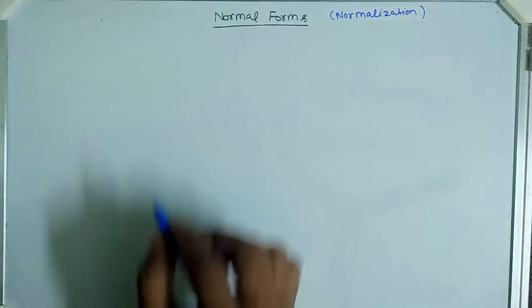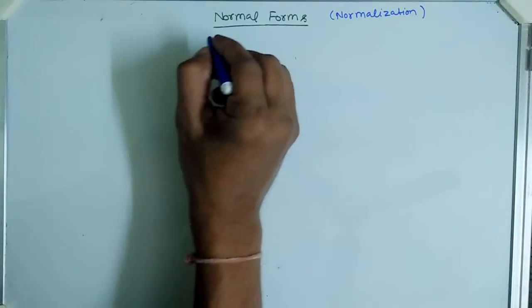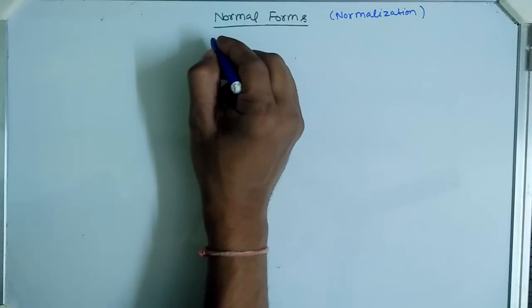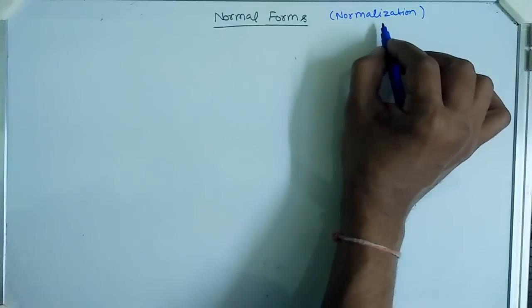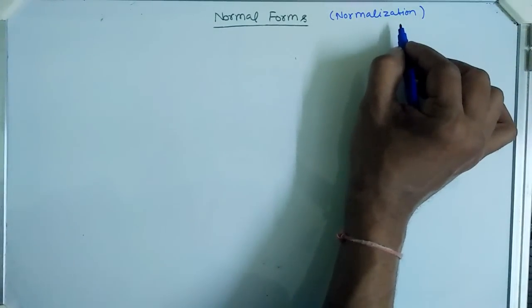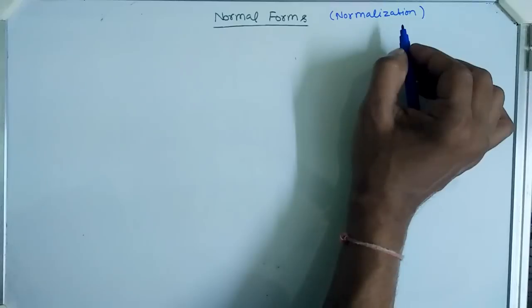So, normal forms generally tell you the set of rules to perform the decomposition operation, because the normalization is generally done by decomposing a relation into two or more relations.